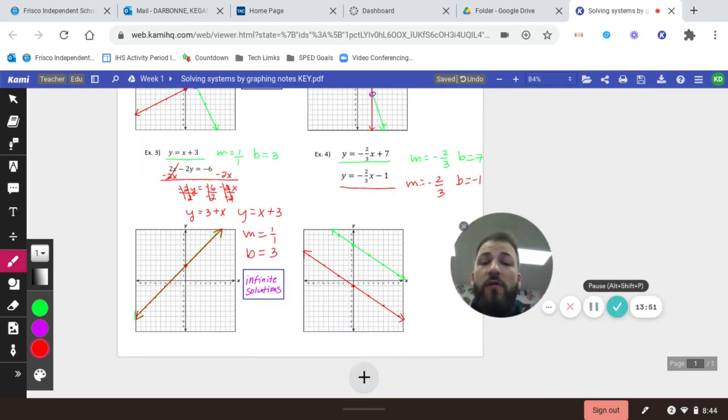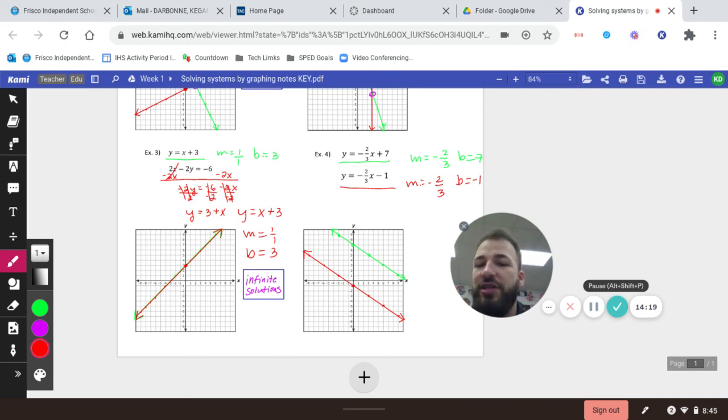All right, y'all. So hopefully you got these two lines graphed. And when you graph them, you're probably like, Mr. Arbone, there's no solution here. They never cross. Something you should notice is that both of these lines have the exact same slope. They both have a slope of negative 2/3. So when two lines are parallel, not the same line, but two parallel lines, they're never going to cross, because that's the definition of parallel lines.